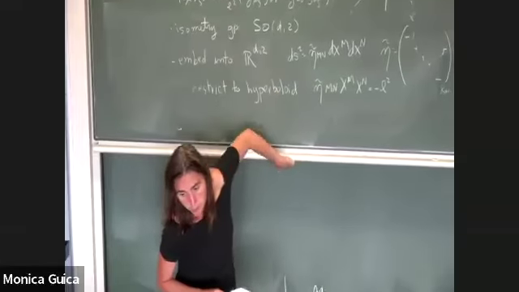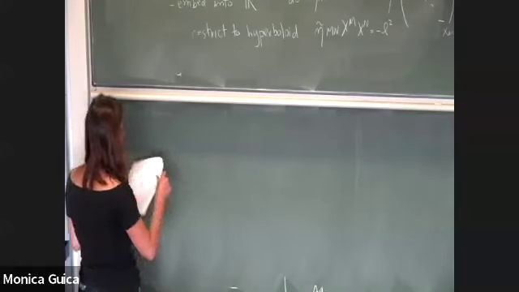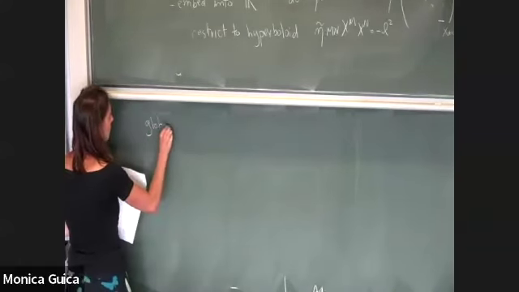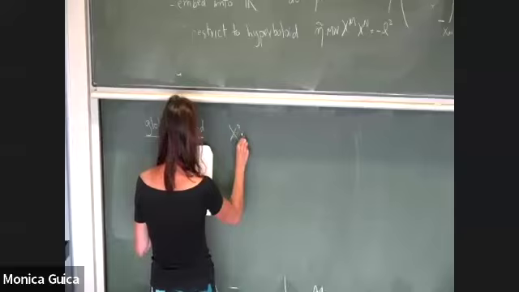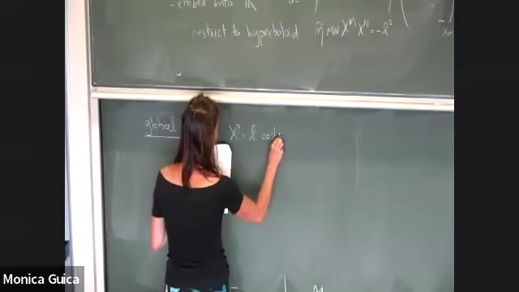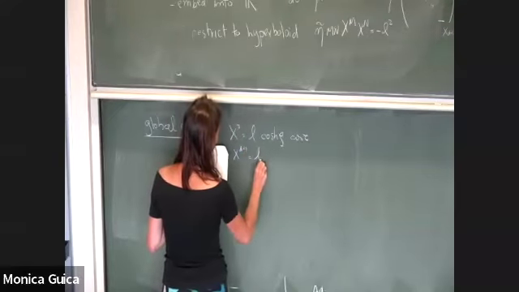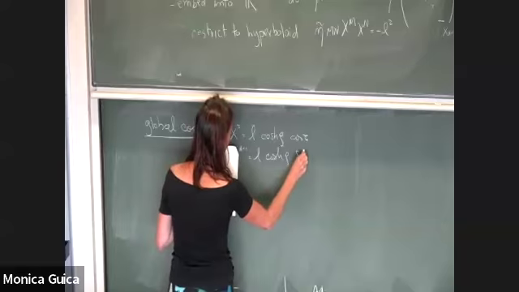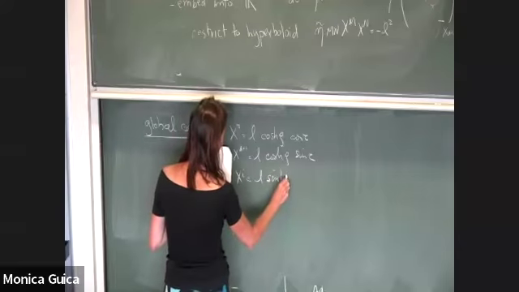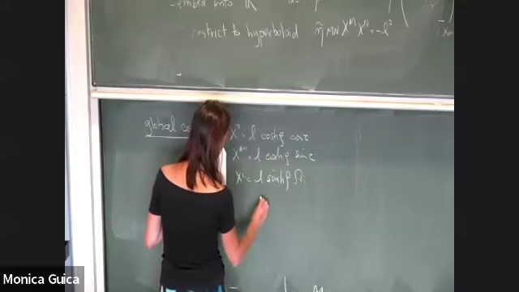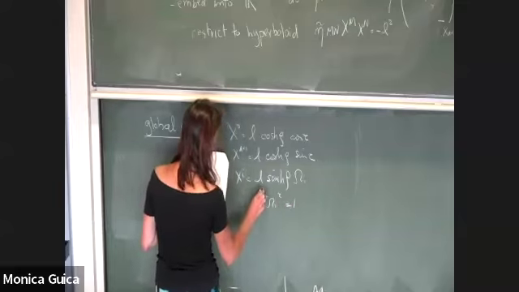So one embedding that gives you a very nice set of coordinates, which are known as global coordinates, is given by x0 is L cos rho cos tau, x d plus 1 is L cos rho sin tau, and the xi are L sin rho omega i, where the sum of omega i squared is equal to 1, from 1 to d.